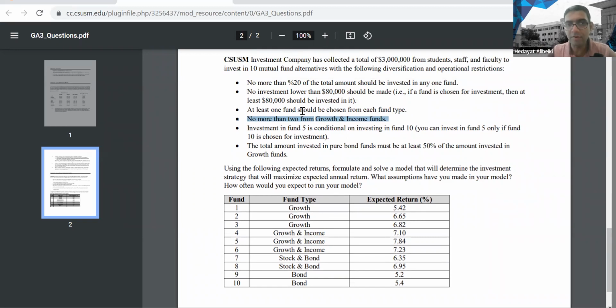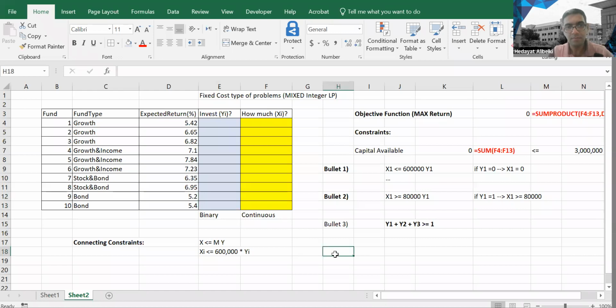I mean, but 0 will not happen because of this one, because you already said that it has to be greater than or equal to 1. Yeah, exactly. So for bullet 4, you want to have y4 plus y5 plus y6 less than or equal to 2.